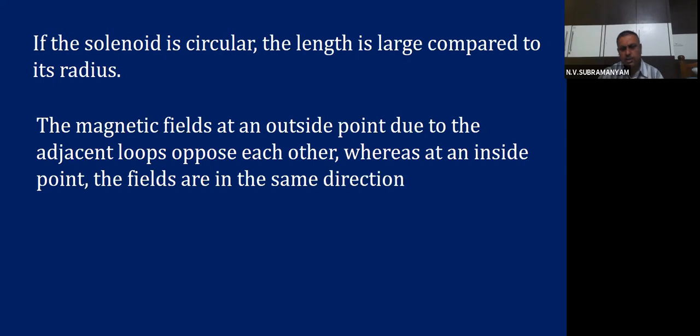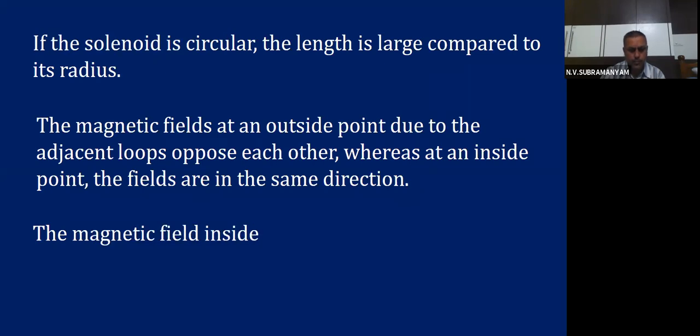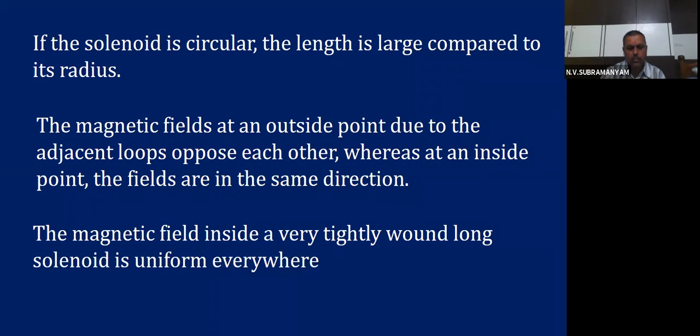That means they are opposite to each other, whereas at an inside point, the fields are in the same direction. The magnetic field inside a very tightly wound long solenoid is uniform everywhere and is 0 outside it. Very important.